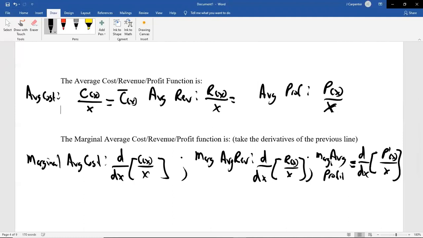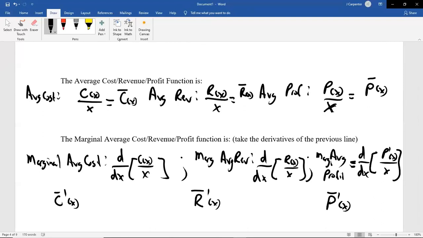Or the average revenue function would be R bar, or the average profit function would be P bar, which would make the marginal ones C bar prime of x, or R bar prime of x, or P bar prime of x. That's the notation for your averages.